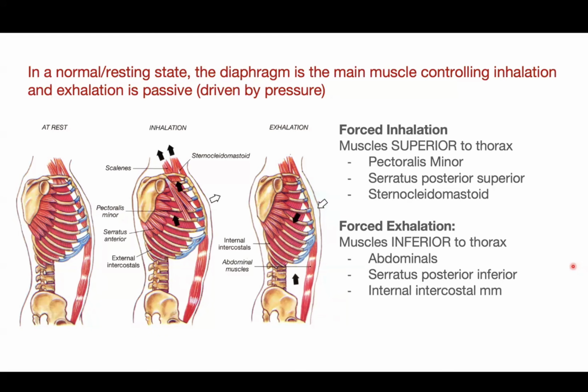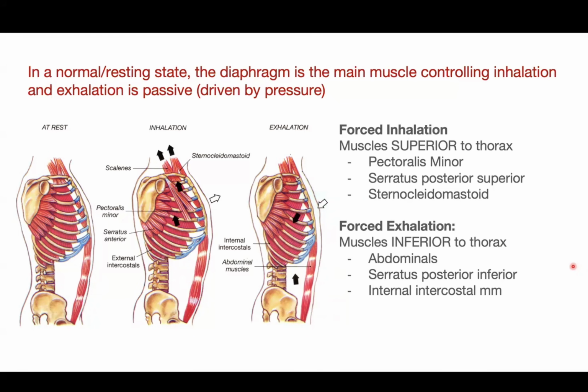When you're thinking about forced inhalation, you're thinking about muscles that elevate the rib cage and move it up and out, so muscles superior to the thorax. This helps increase the thoracic volume. So think pec minor, serratus posterior superior that elevates the upper ribs, and your sternocleidomastoid that elevates both the sternum and the clavicle. It's going to expand the superior thoracic aperture that way.